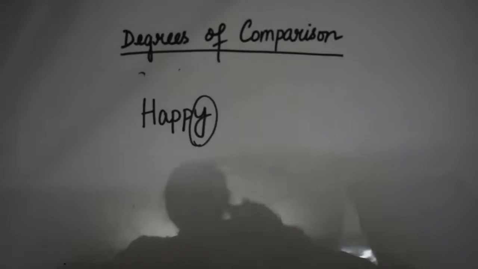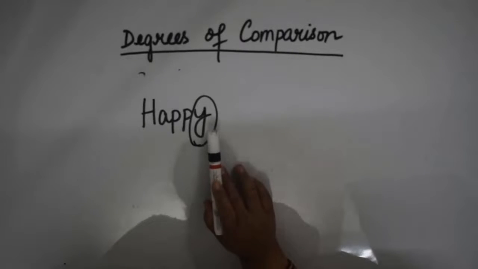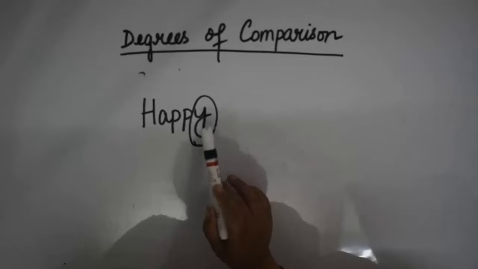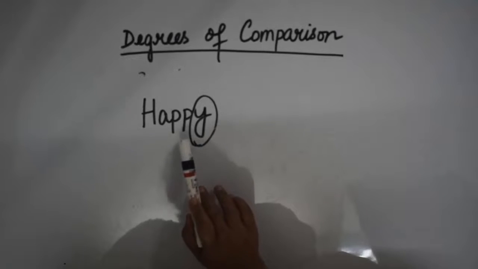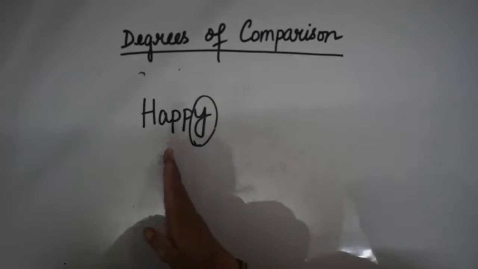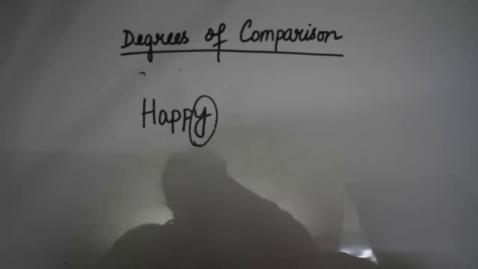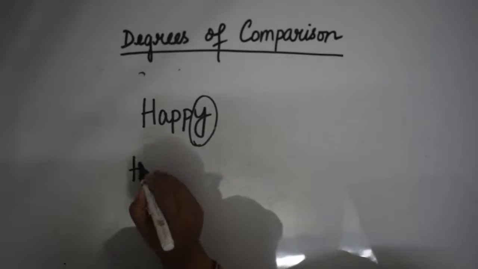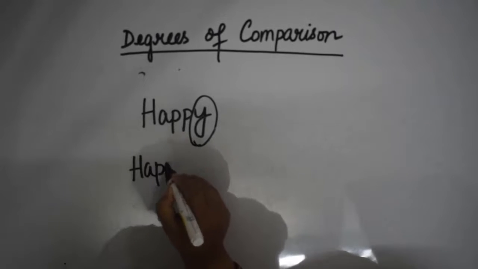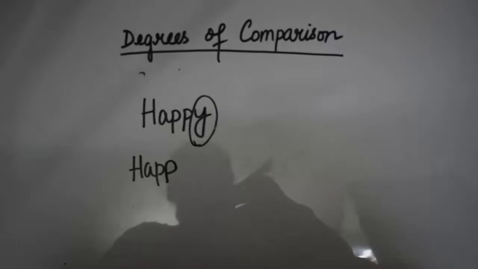The word will have to end in Y, and the Y will have to be preceded by a consonant. That is, there has to be a consonant before the Y. Clear? So in such a case, what do you do?